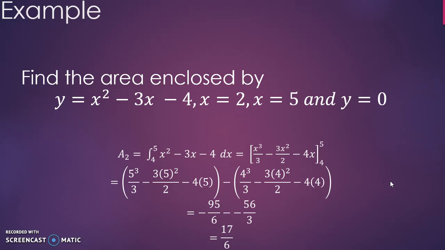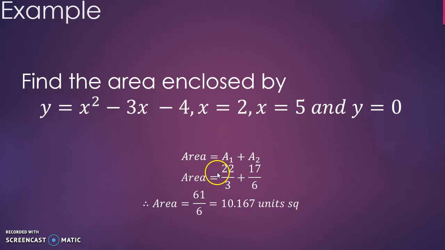Similarly, we calculate the second area from x equals 4 to x equals 5, do our integral, substitute our values, and we get the area is 17 divided by 6. And again, that's positive, it's above the x-axis, so it's what we would expect. So we've got our two areas.